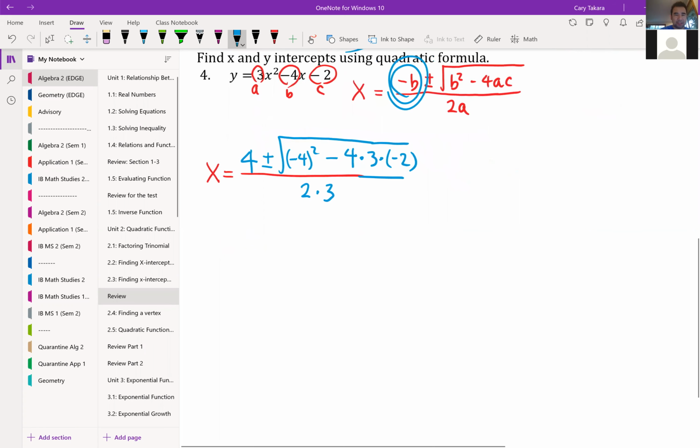Okay, let's just take one step at a time. Now, this negative 4 squared, when you square a number, it's always going to be positive, yeah? Because negative 4 times negative 4 is a positive 16, isn't it?